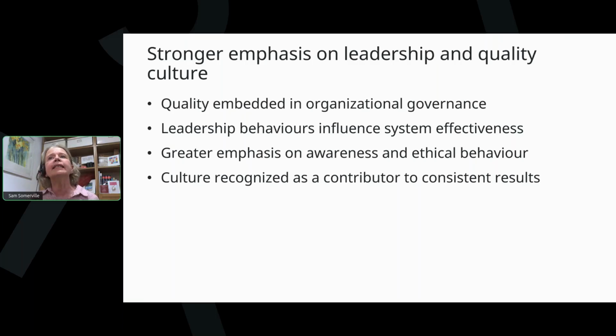ISO 9001 is now clearer that quality is not something that leadership can just delegate and forget. And this aligns most clearly with clause 5.1 on leadership and commitment, and of course with awareness and engagement expectations later in clause 7.